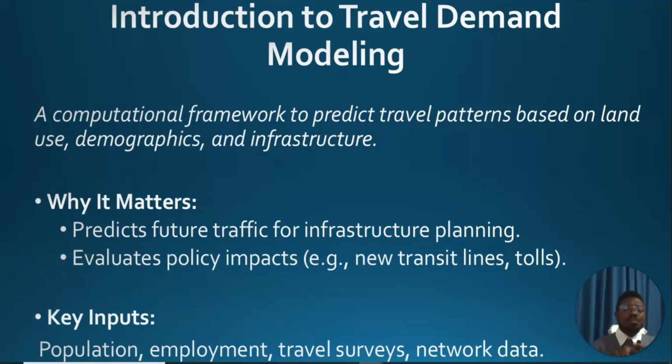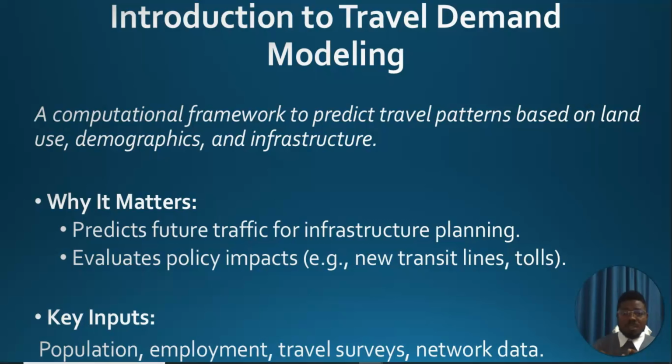Now, when transportation planners try to forecast future travel patterns and understand how people move around within a region, that process of trying to forecast the movement or the travel pattern is what we call travel demand modeling.